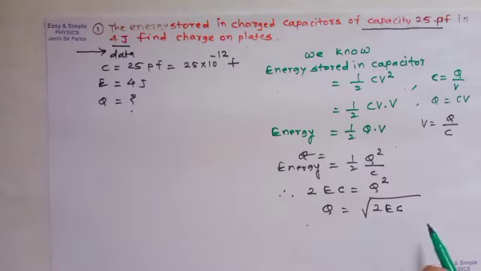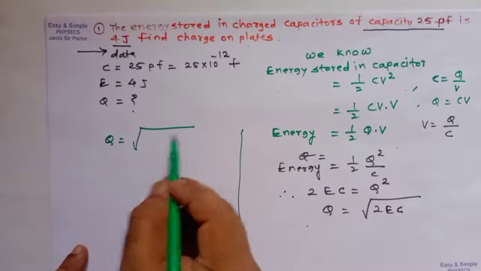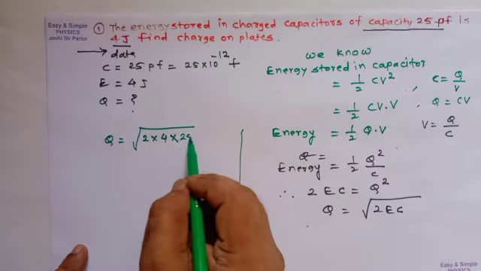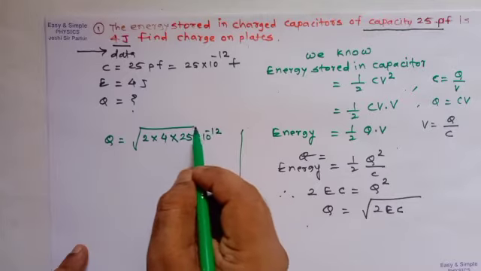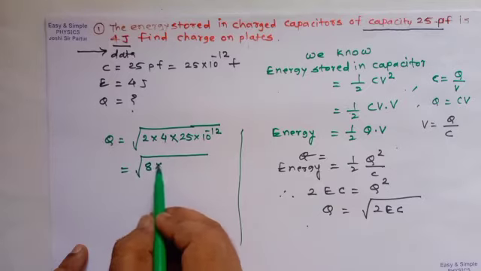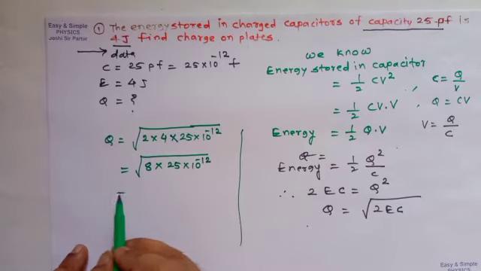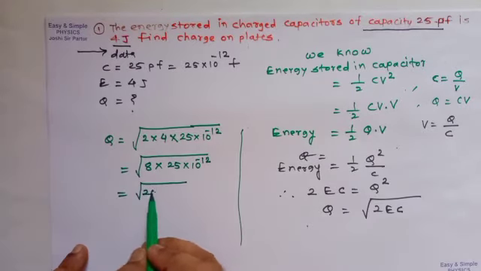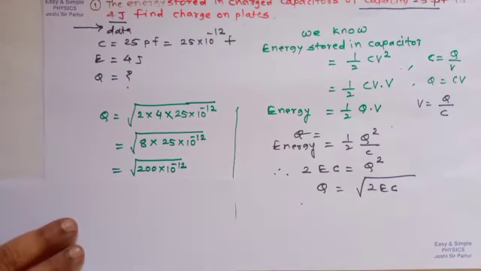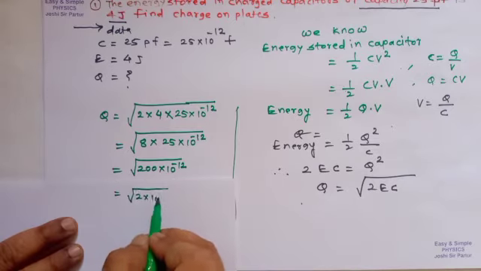Substitute the values of E and C. Q is equal to square root of 2 into energy into 25 into 10 to the power minus 12. So here it is 8 multiplied by 25 into 10 to the power minus 12, that is 200 into 10 to the power minus 12, which is square root of 2 into 10 to the power minus 10.